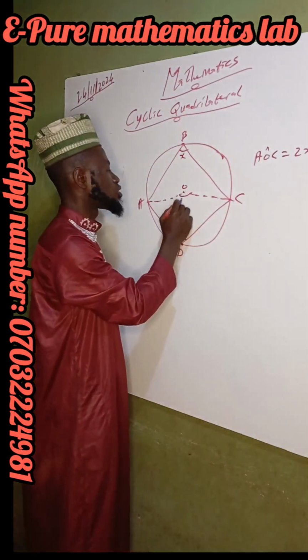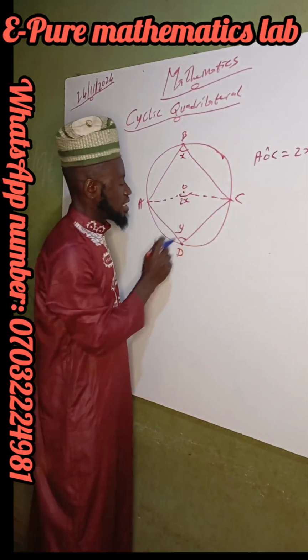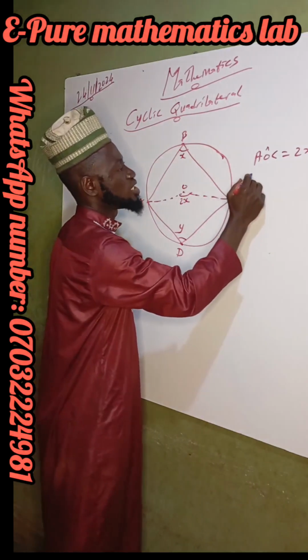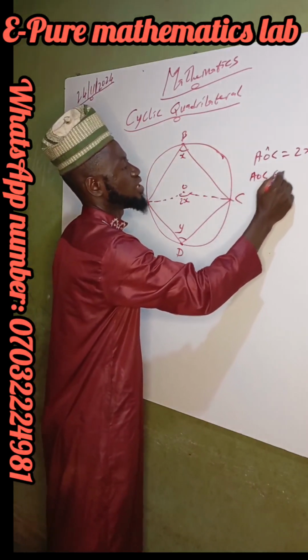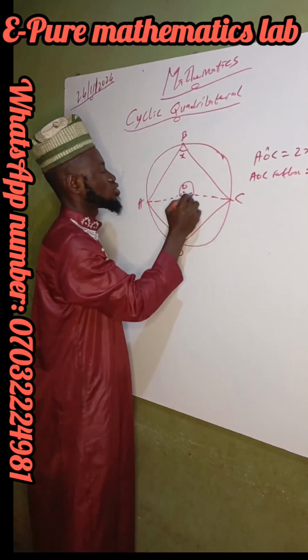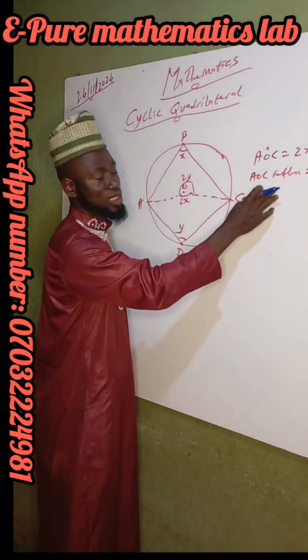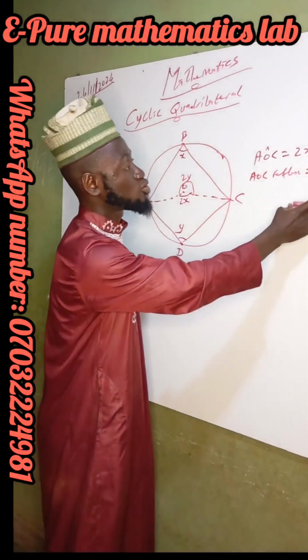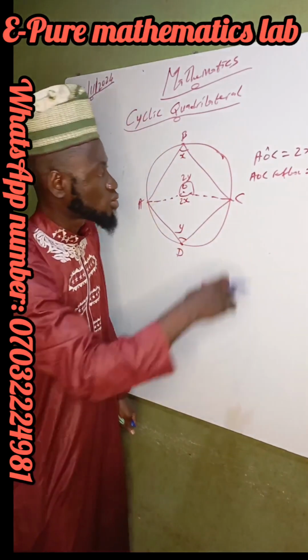So we are saying this is 2x. At the same time, AOC reflex is 2y. This place is also 2y. Reason: also angle at the center is twice that at the circumference. We've talked about that.